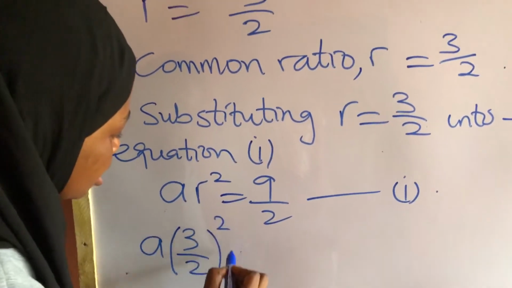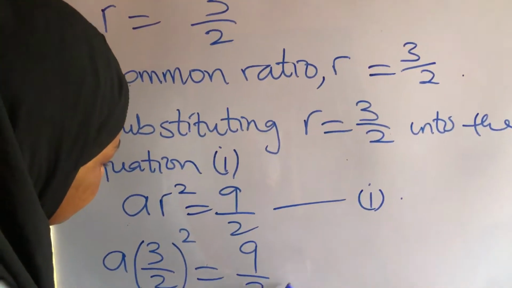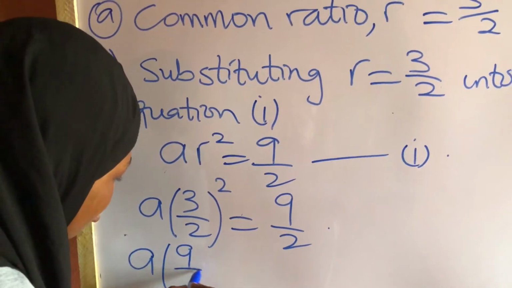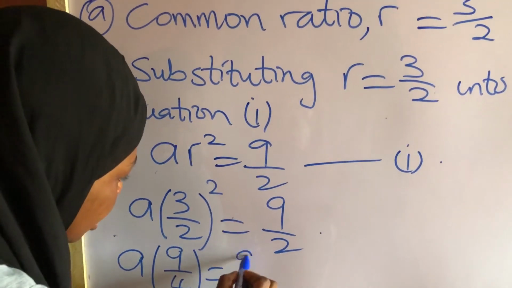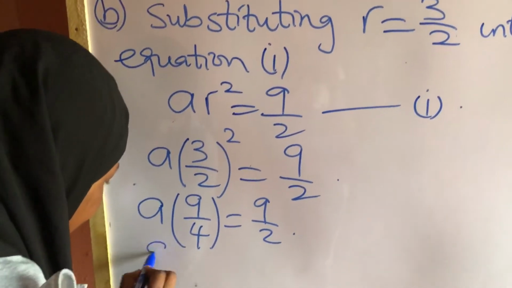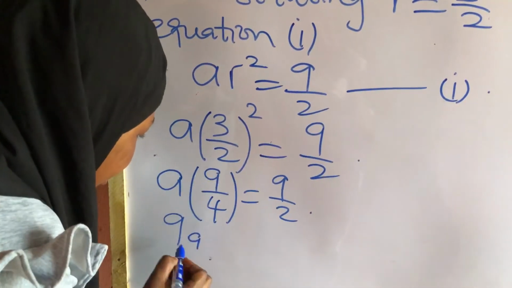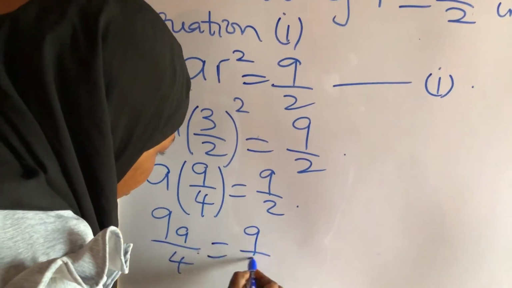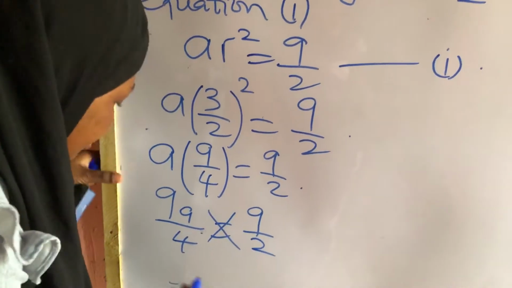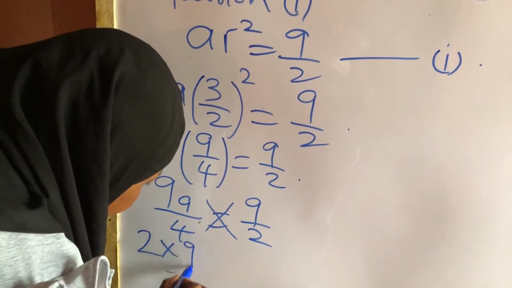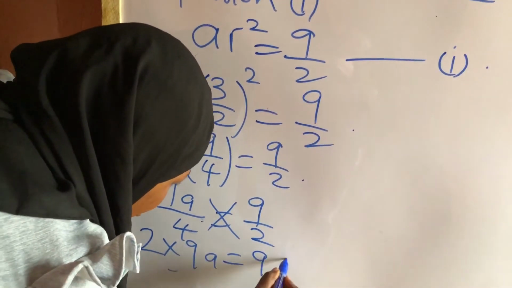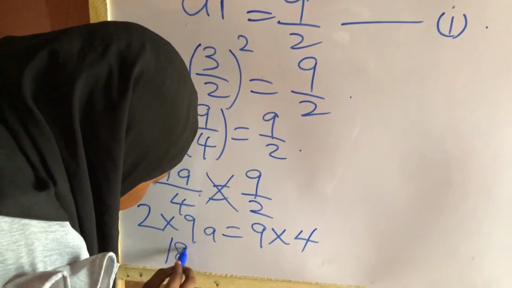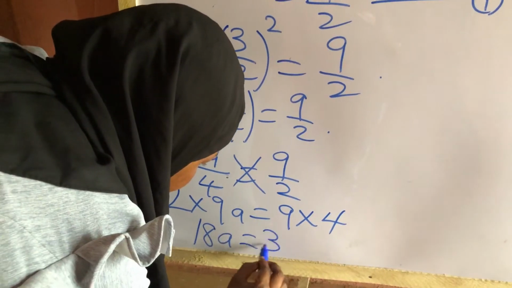Then you square it, equal to 9/2. So expanding this gives 9A/4 is equal to 9/2. So cross multiplying gives 2 multiplied by 9A is equal to 9 multiplied by 4. So this gives 18A is equal to 36.